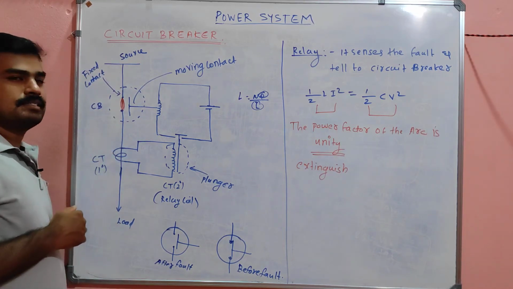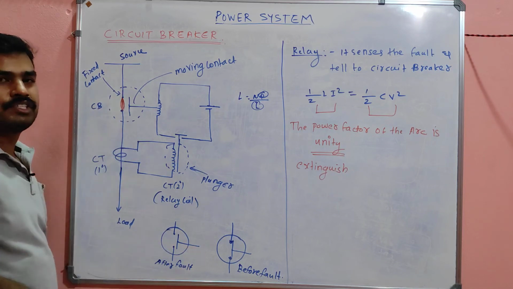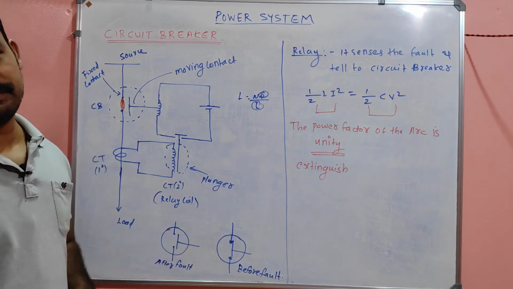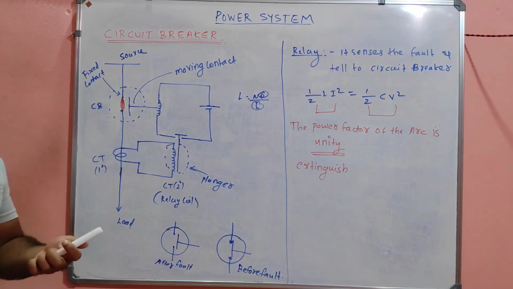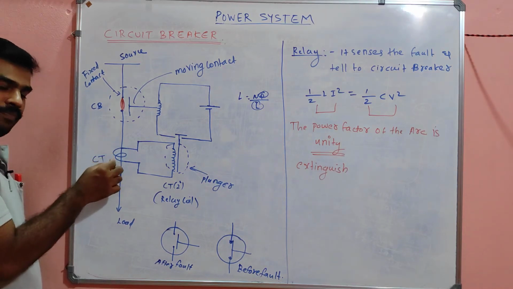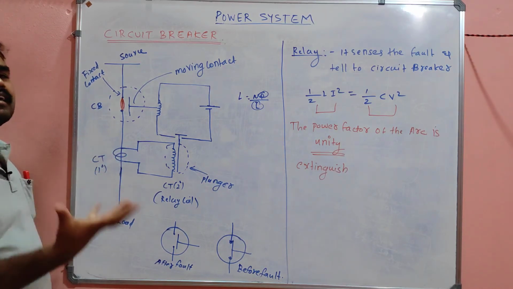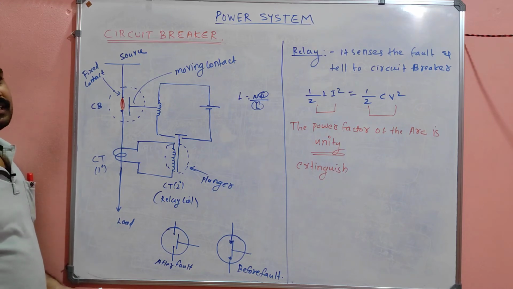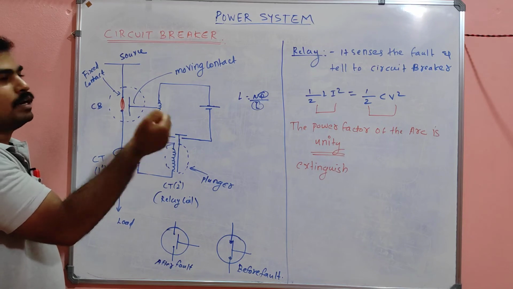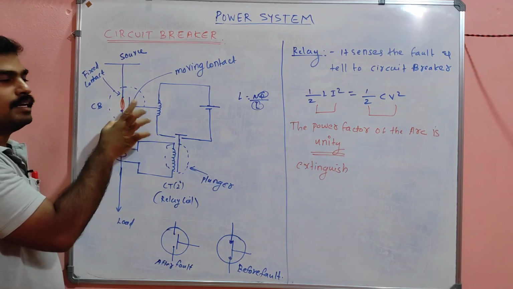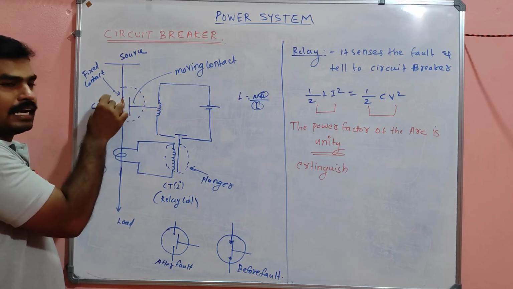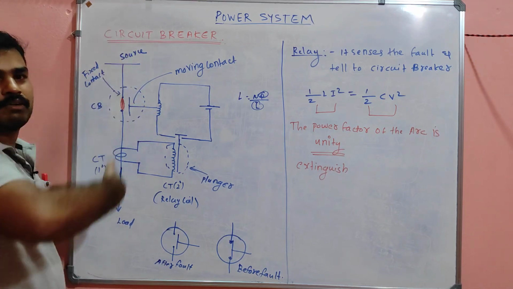So that's all about the circuit breaker. If the arc is extinguished, we can say that the circuit is in break condition. And whenever the abnormality of the current, that is the increased current, vanishes, the arc will not be there, so the circuit will be isolated.